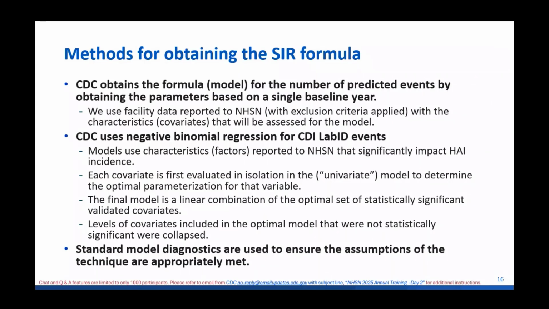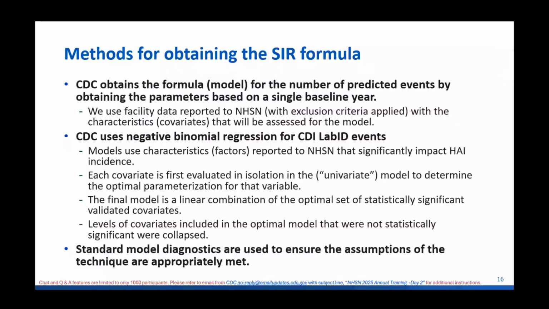This risk adjustment model will use facility characteristics reported to NHSN that impact HAI incidence. If a characteristic was available but not found to be an important factor in predicting events, then that characteristic was not used in the final SIR model.